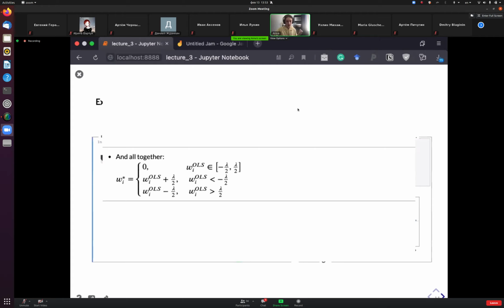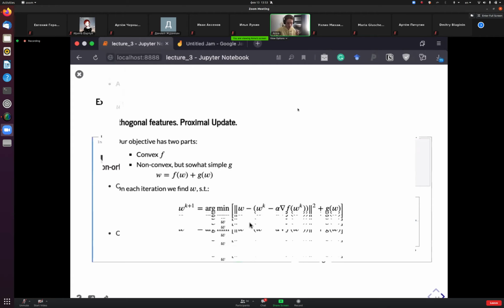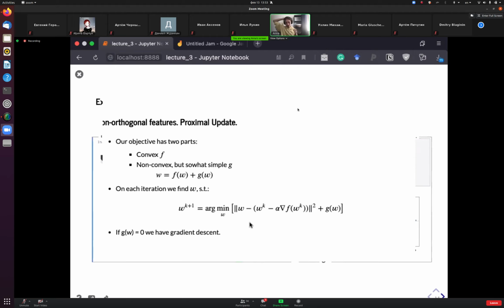What happens in the non-orthogonal case? Does that hold? Well, actually it does. And if you remember the previous lecture, Evgeny told you about the proximal update, where on each iteration of your iterative optimization scheme, you are basically solving this optimization problem.